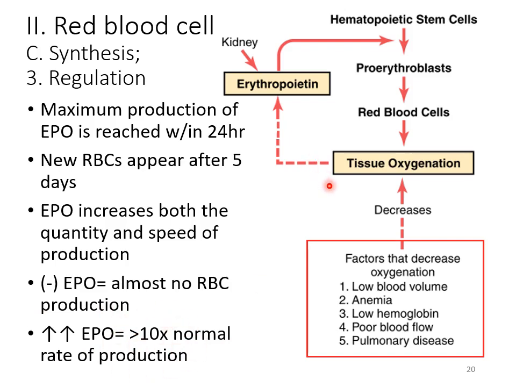Some clinical applications of this: if you have a patient with severe kidney damage, most of the time they're also given erythropoietin in order to stimulate the production of red blood cells and to prevent or correct the anemia. And in athletic circles, it is not allowed for athletes to inject themselves with erythropoietin.